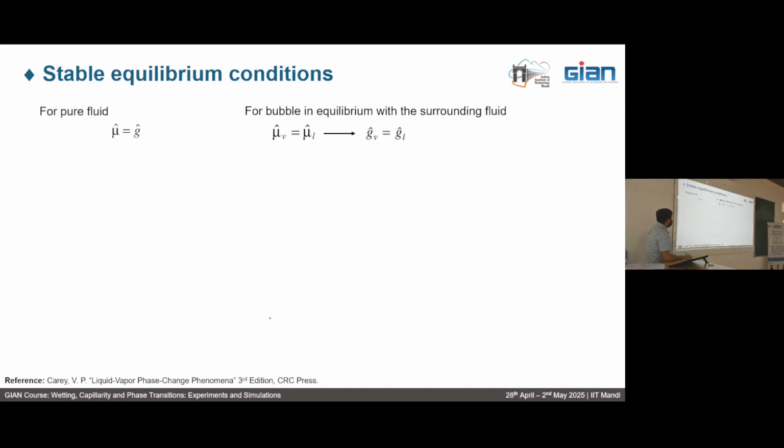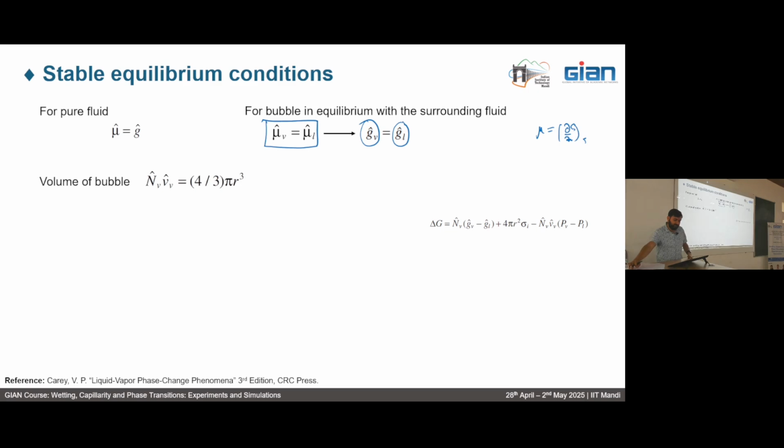Now, for a pure fluid having just one component, we can write that chemical potential is equal to its Gibbs free energy, because mu is nothing but del G by del N at constant temperature, and since it is a pure fluid, mu is equal to G. For the bubble to be in equilibrium with the surrounding liquid, as we have already written previously, the molar specific Gibbs free energy of the vapor would be equal to that of the liquid.